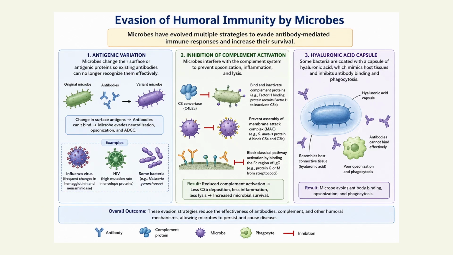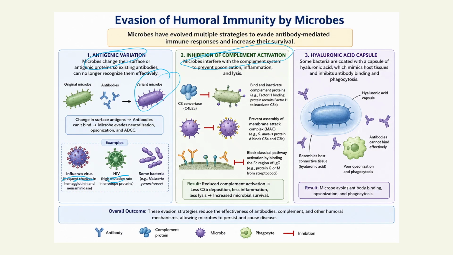Many microbes have evolved ways to evade humoral immunity. One mechanism is antigenic variation. This is where microbes are going to change their surface antigens, so existing antibodies can no longer recognize them effectively. Examples include influenza and HIV. Another strategy is the inhibition of complement activation, which is going to reduce complement-mediated destruction of microbes.